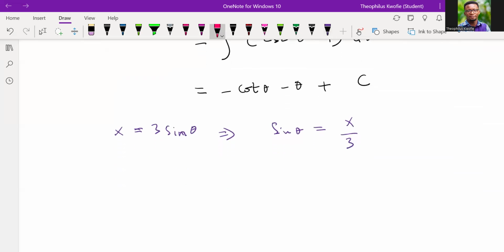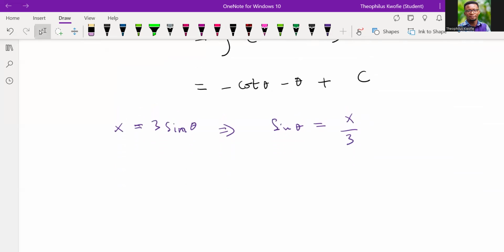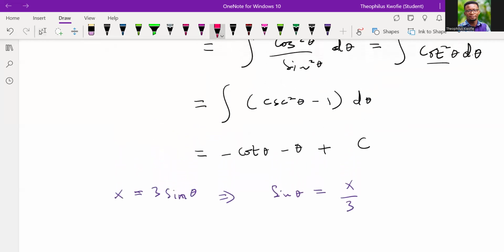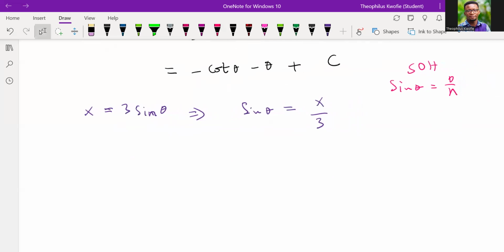Now, over here we're going to apply some algebra. Remember that sine theta is always defined as opposite over hypotenuse, so we can make that drawing.